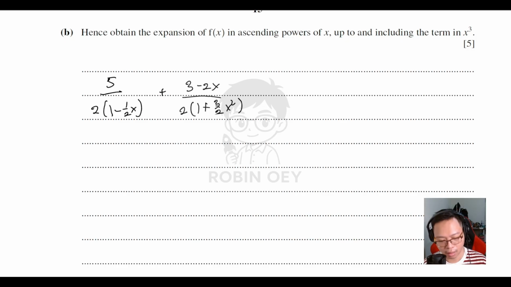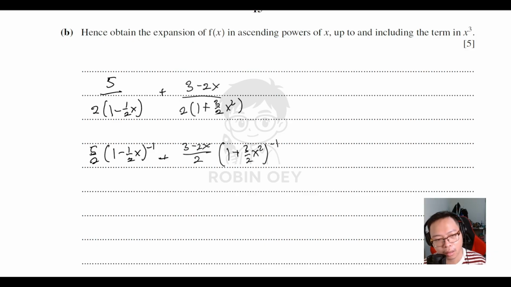Now I'll change this into its exponent form: 5 over 2 times (1 minus half x) to the power of negative 1, plus (3 minus 2x) over 2 times (1 plus 3 over 2 x squared) to the power of negative 1.